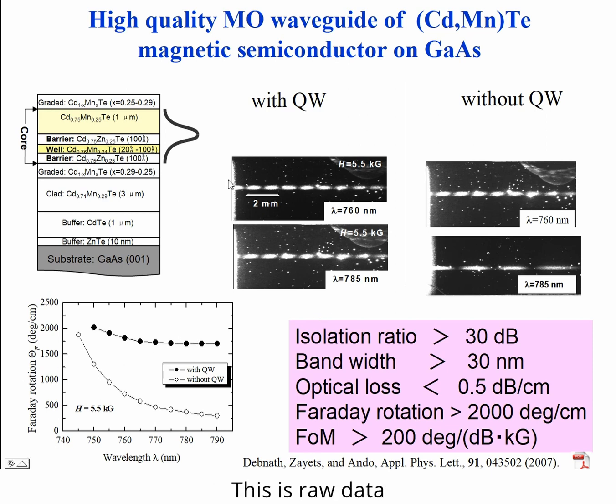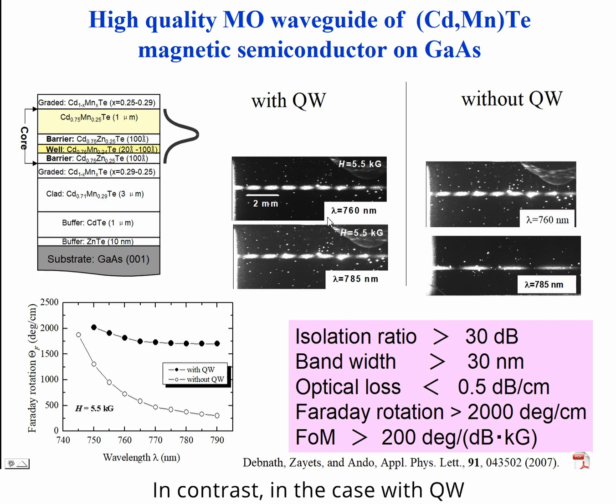This is raw data measured at different wavelengths for a waveguide with and without quantum wells. In the case of the waveguide without quantum wells, the oscillation period is very different at different wavelengths.